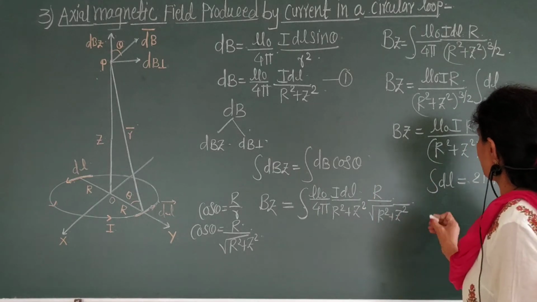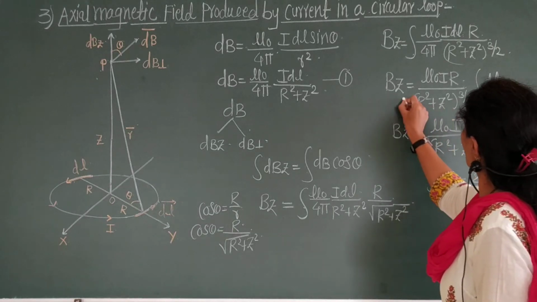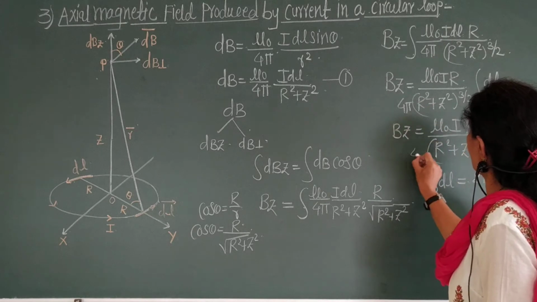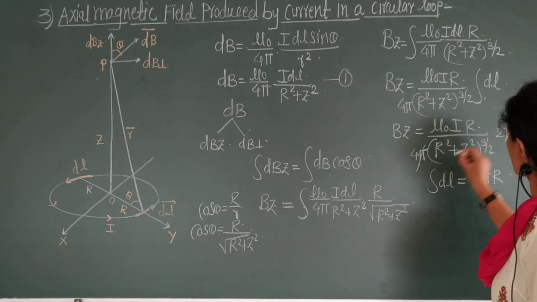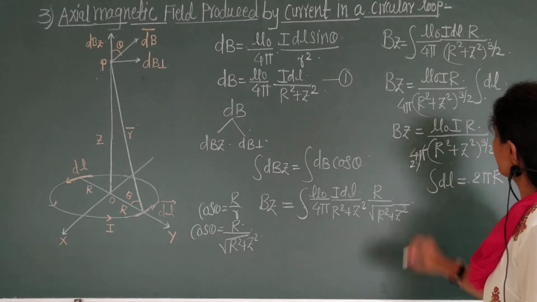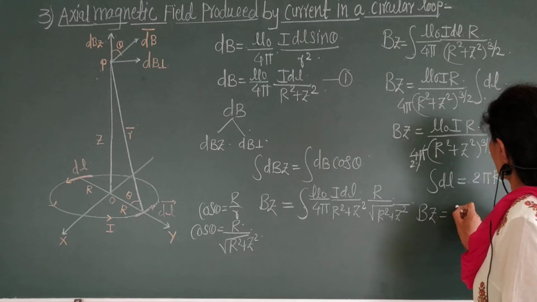Put this substitution, then we get mu 0 upon 4 pi here. Here is again 4 pi. Therefore this pi gets cancelled with this pi, and 2 gets cancelled with this 2. Therefore Bz is equal to, what is the numerator?